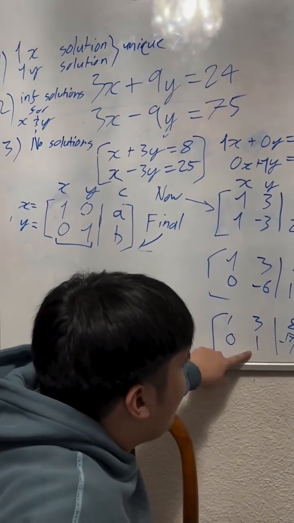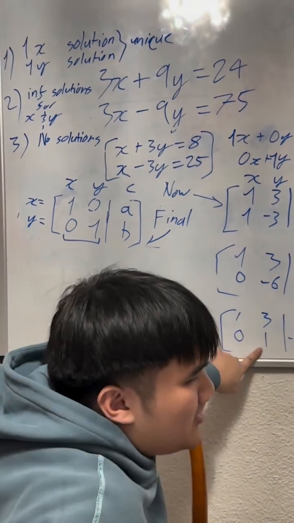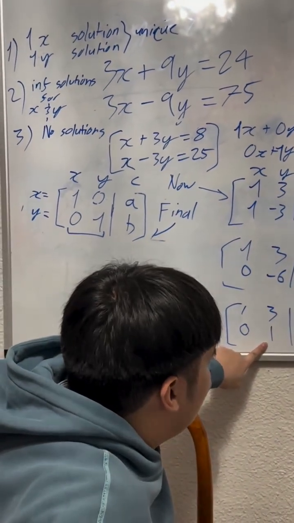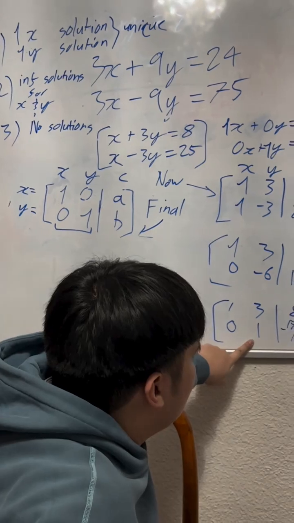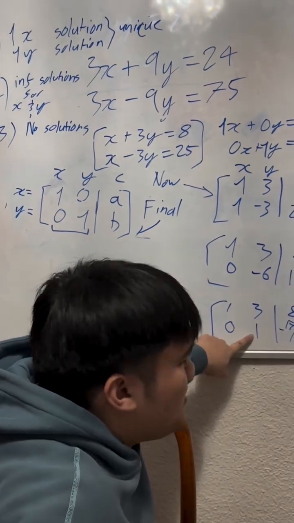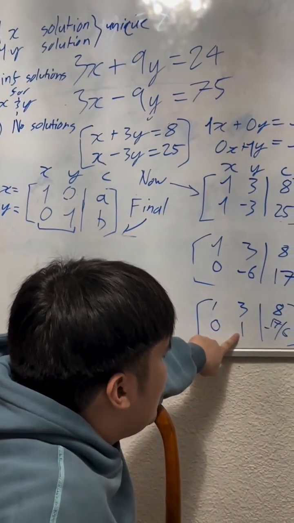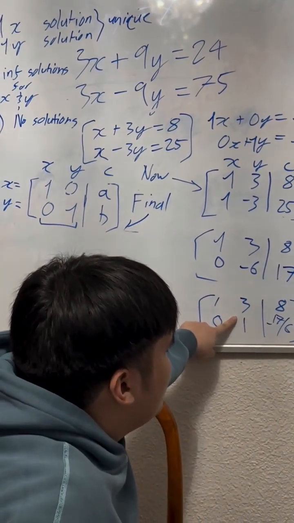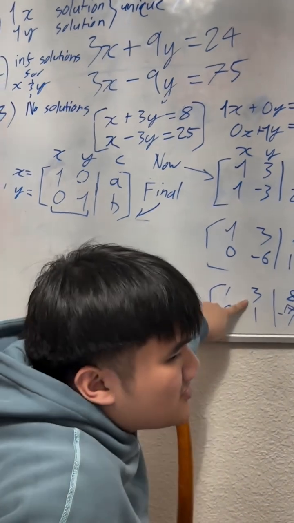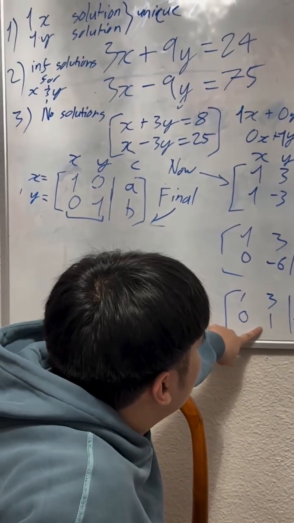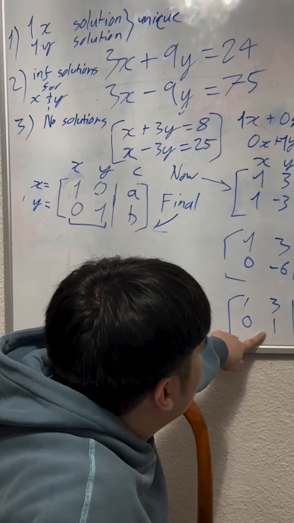Can we somehow make that bottom number a negative 3 maybe? Are we able to do that? Potentially, yes. How can we turn this into a negative 3? By either subtracting it by 4 or adding it by negative 4.